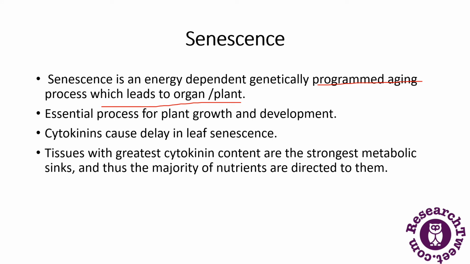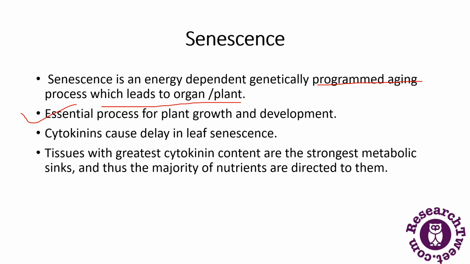This is an essential process for the growth and development of the plant. As plant tissues senesce, they produce enzymes necessary to recycle materials and reroute the subunits to areas for use by active growth elsewhere. So what role do cytokinins play in this?